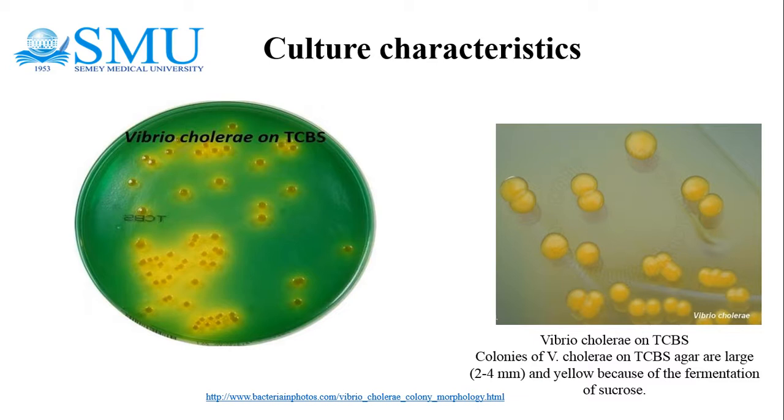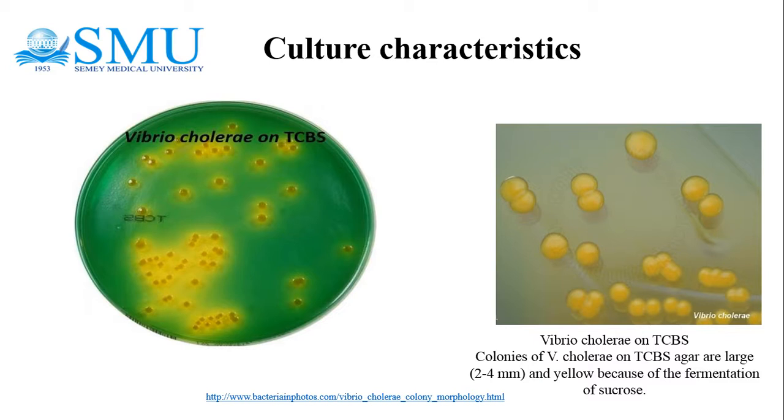This is TCBS agar. It contains thiosulfate, citrate, bile salts as inhibitors, and sucrose, and has a pH of 8.6, with bromothymol blue and thymol blue used as indicators.